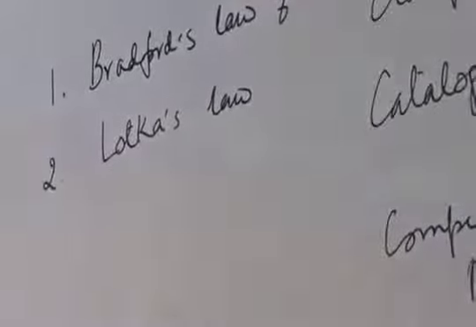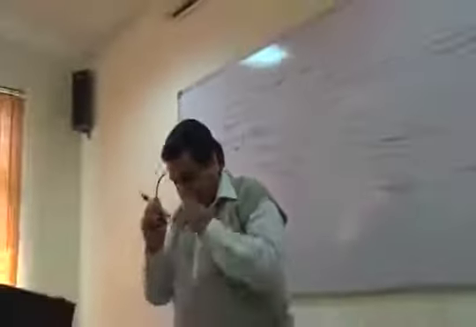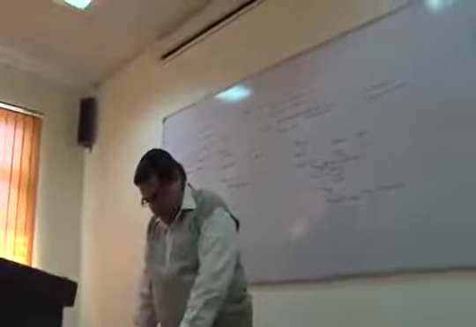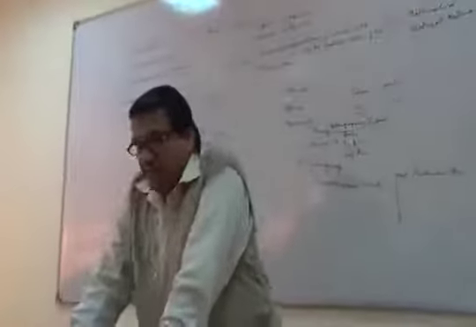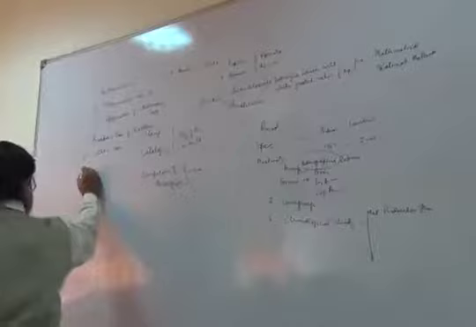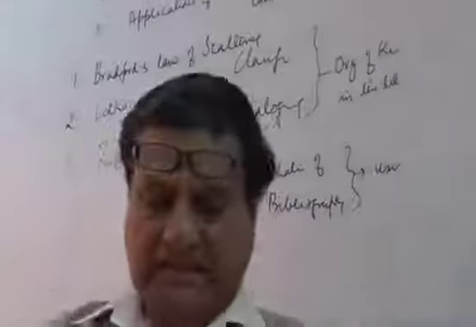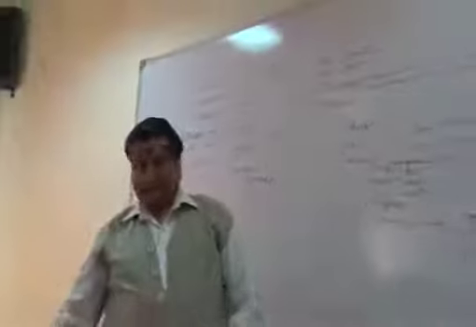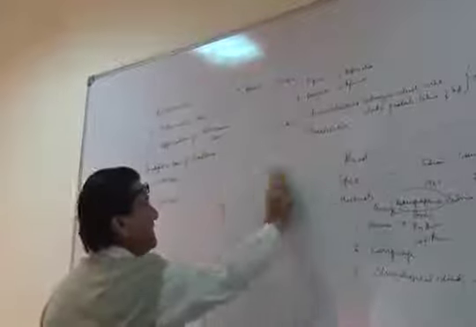It refers to some other aspect. And there is one more law. Which one is that? Zipf's law of word occurrence. So let us take up Bradford's law with the background which we have generated so far.